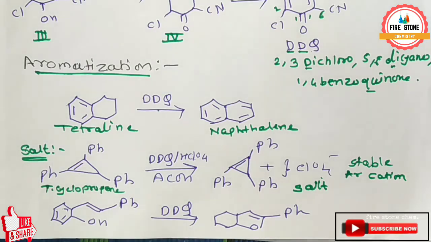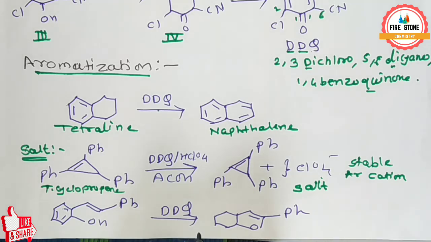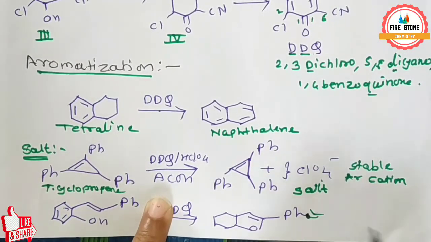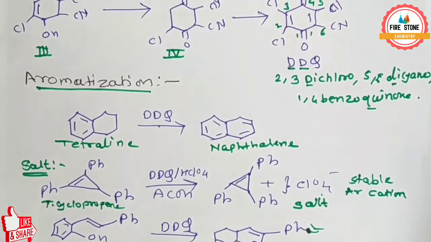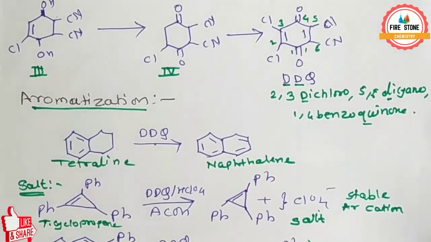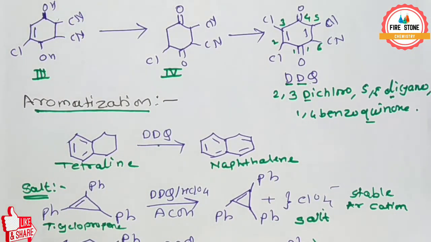In cyclic compounds, for dehydrogenation, DDQ is widely used as a dehydrogenating agent. So when we react this compound with DDQ, dehydrogenation takes place and we get this as a product.